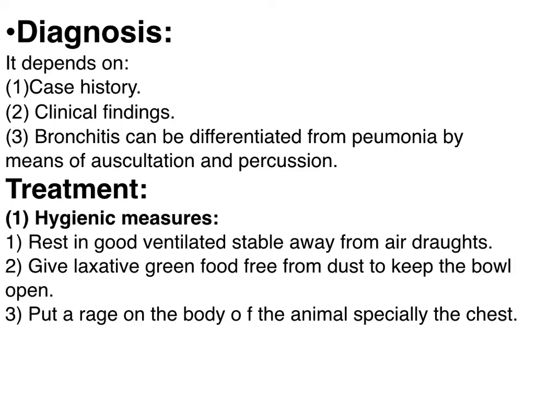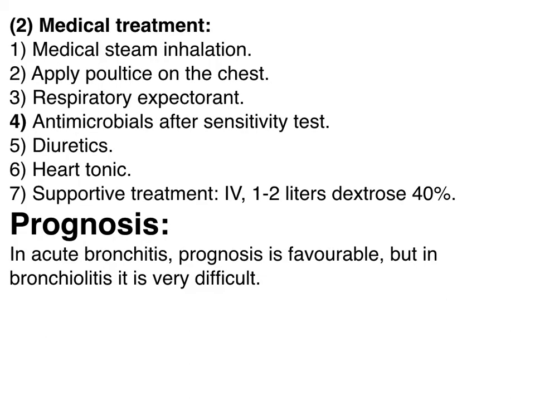Give laxative or green food and put a rug on the body، يعني نغطي الحيوان حتى نحميه من البرودة. أما بالنسبة للمديكال تريتمنت فتتضمن steam inhalation حتى نقلل من الإفرازات أو نحاول أن نسوي لها liquefaction ونطردها إلى الخارج. Apply poultices on the chest, respiratory expectorants, antimicrobials after sensitivity test. ممكن أن نعطي diuretics خاصة إذا كانت هنالك edema. Heart tonics, supportive treatments, dextrose or normal saline.